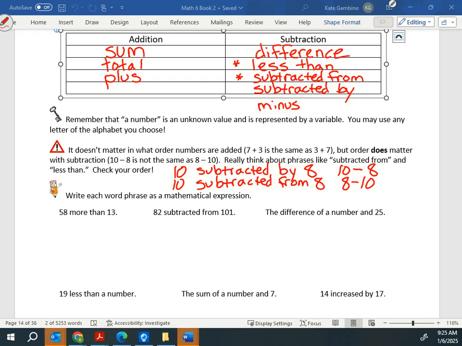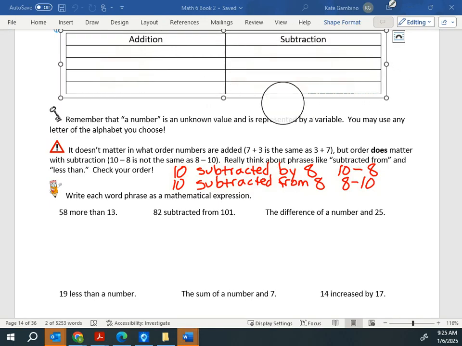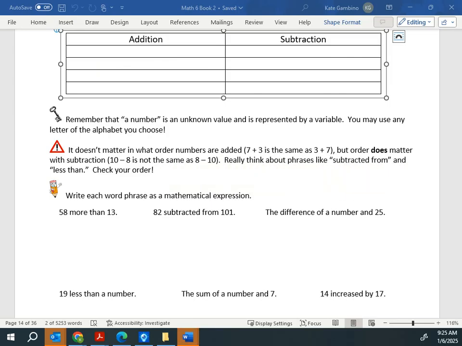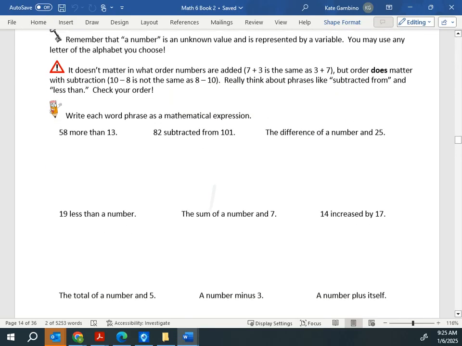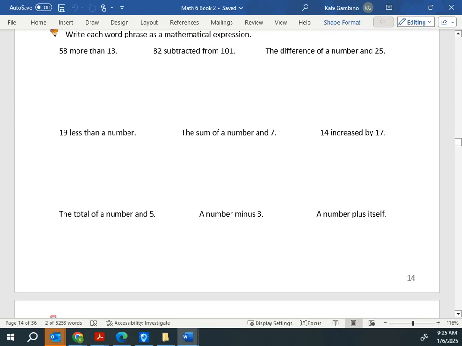All right. So let's look at what our work is for today. Let me erase and scroll up. This first part says write each word phrase as a mathematical expression.